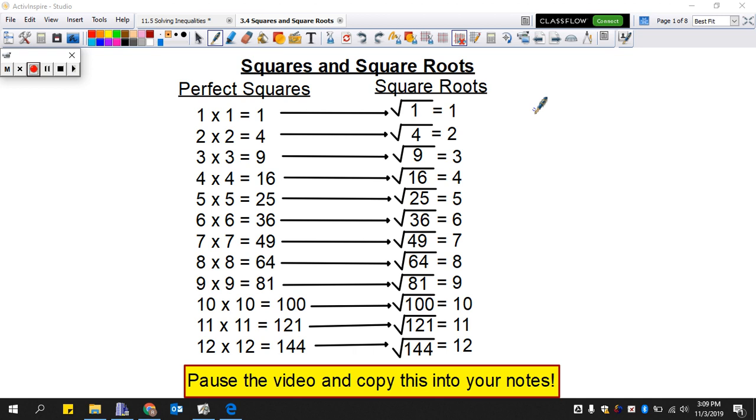But it's a good idea to memorize the first 12 or so perfect squares and their square roots. So if you haven't finished copying this table down, go ahead and pause the video and copy these two lists down.